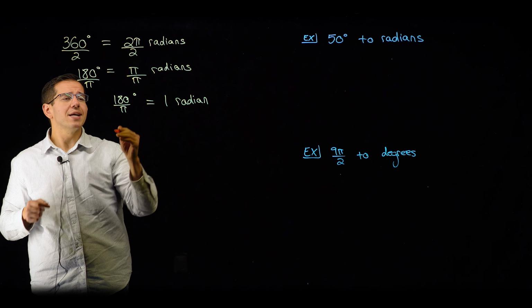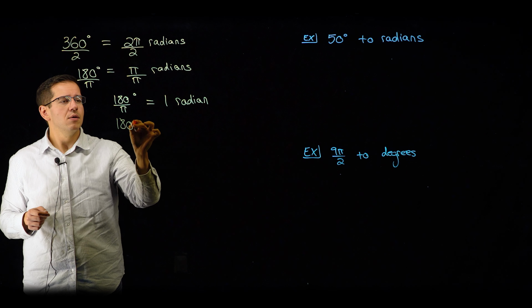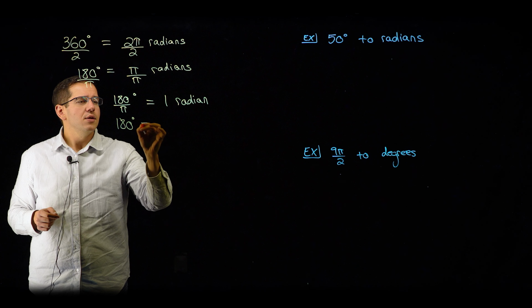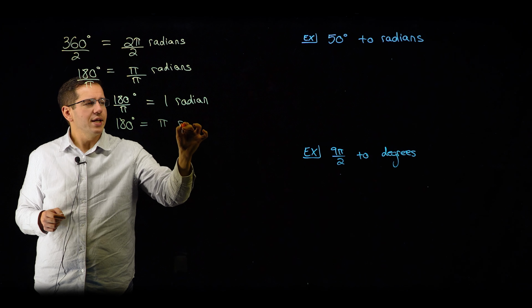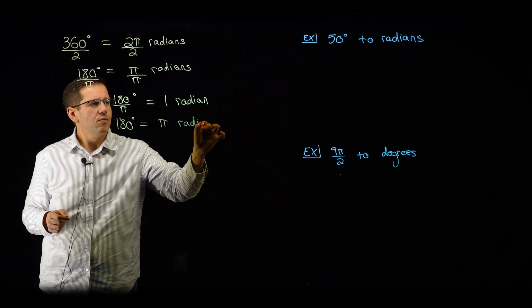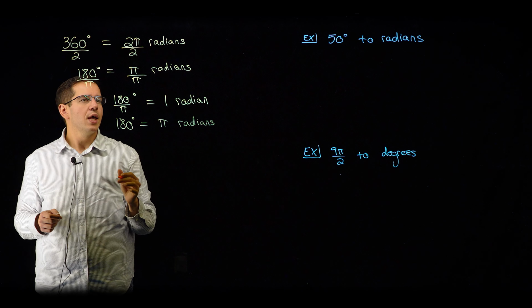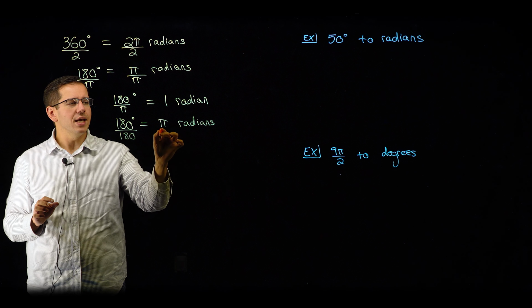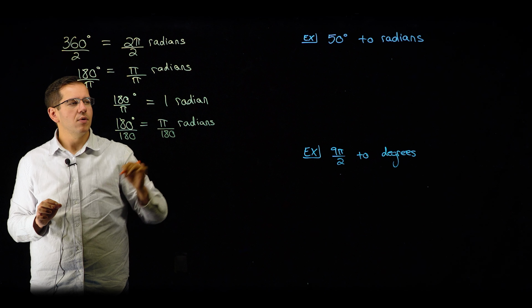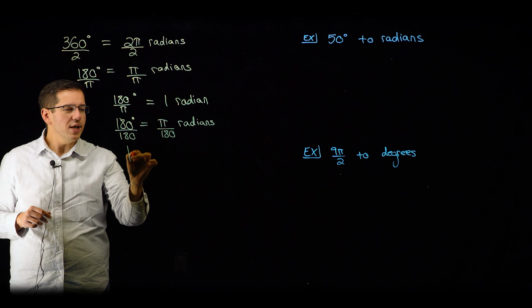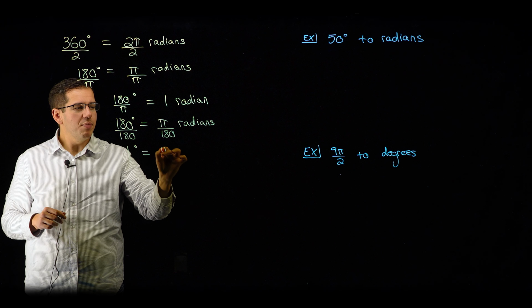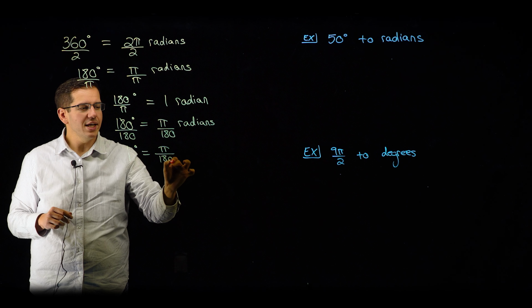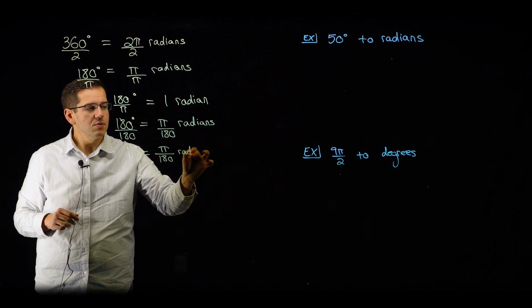From here, if we go back to this 180 degrees equals pi radians, and now we divide each side of the equation by 180, then we will get 1 degree is equal to pi over 180 radians.